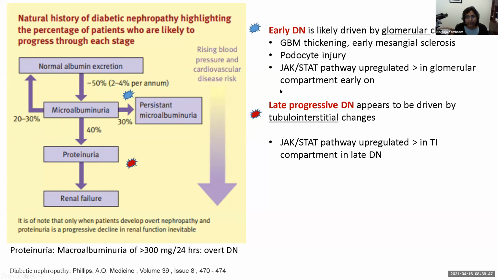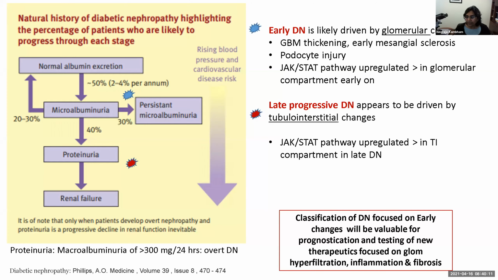There is also molecular evidence that, for example, the JAK-STAT pathway is upregulated more in the glomeruli early on and more in the tubulointerstitium later on. So pathology has value here; this information is based on clinical but also pathological information derived from kidney biopsies.